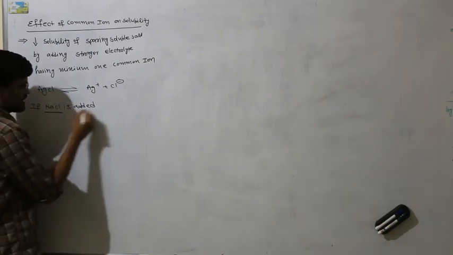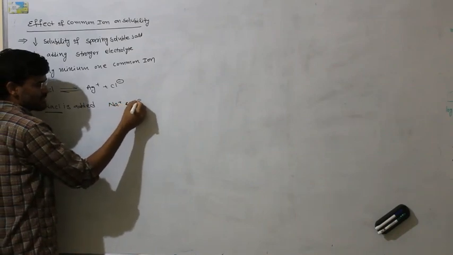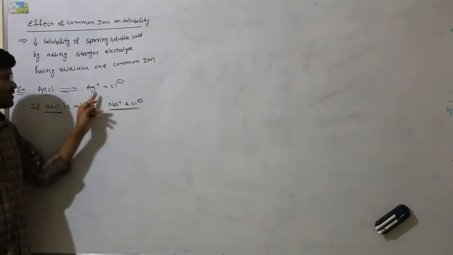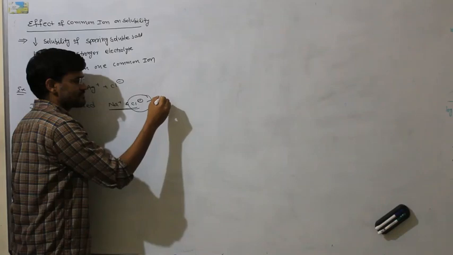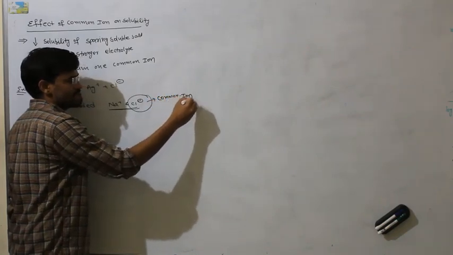When sodium chloride dissociates, what will it release? Na plus and Cl minus. Among these two, which is the common ion for silver chloride? Cl minus becomes a common ion.